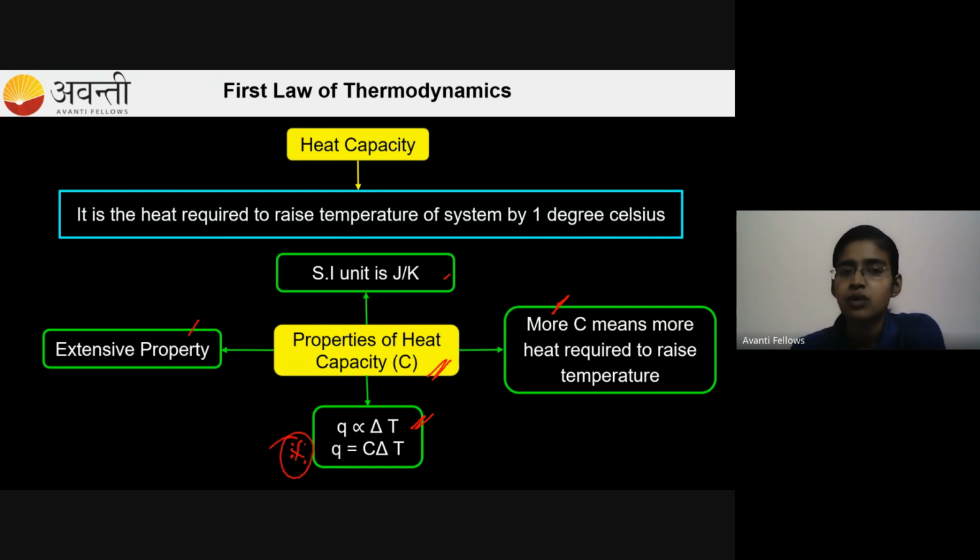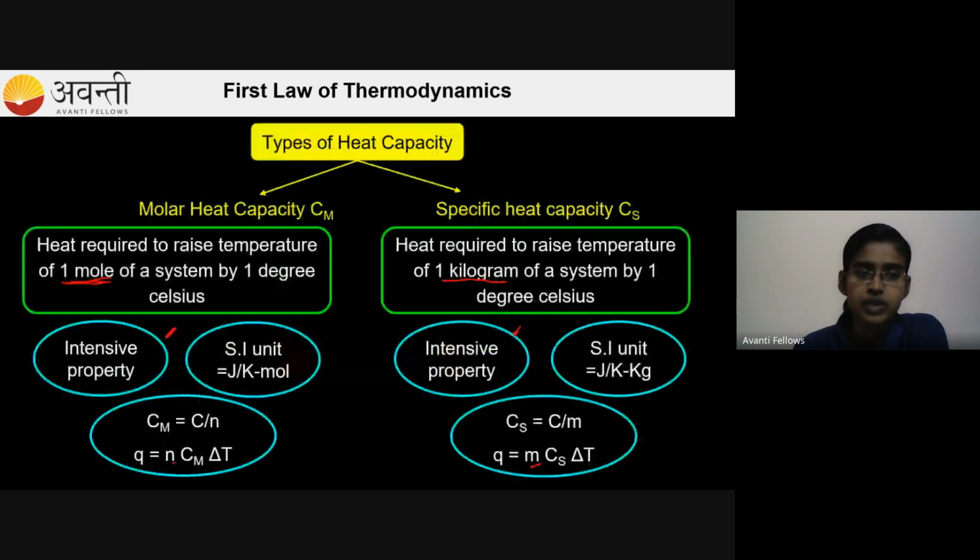So this is about the properties and the definition of heat capacity. Now there are two types of heat capacity: molar heat capacity and specific heat capacity. Molar heat capacity is denoted by Cm, and specific heat capacity by Cs.